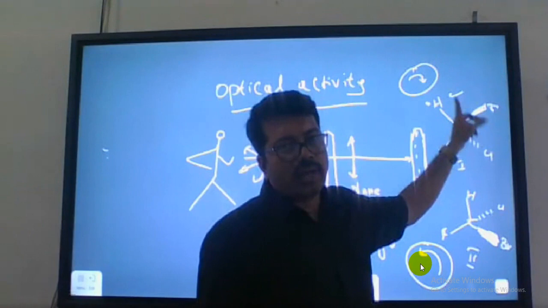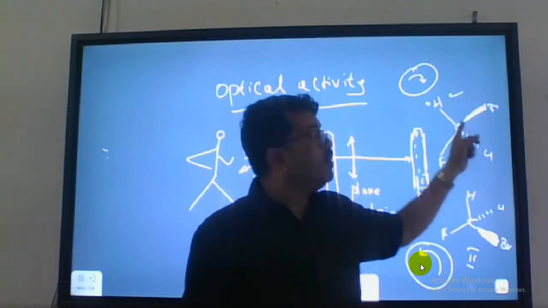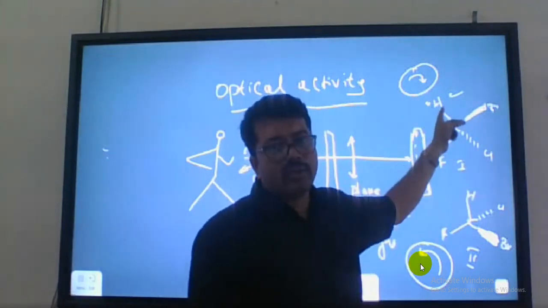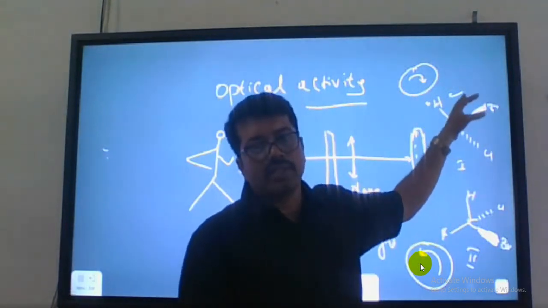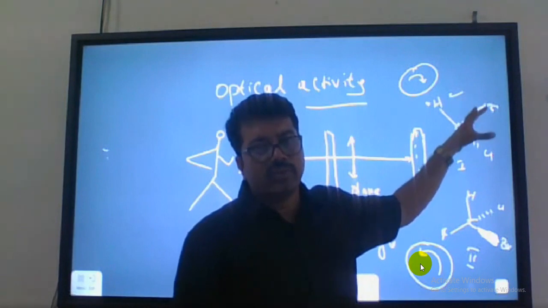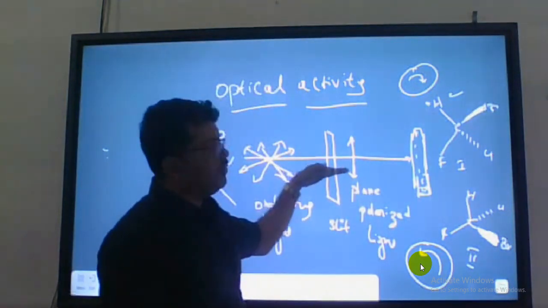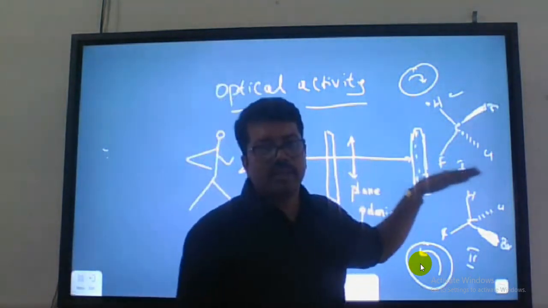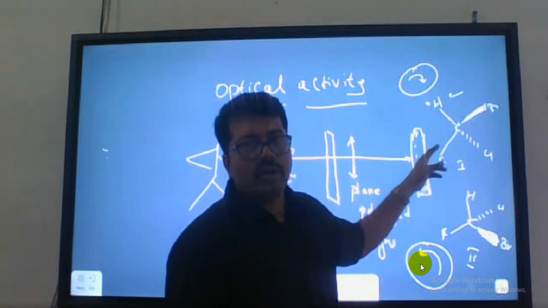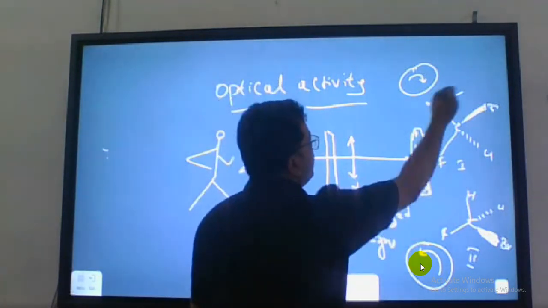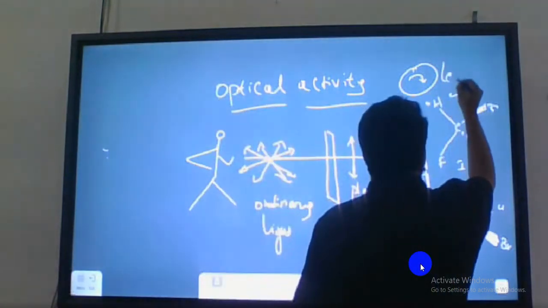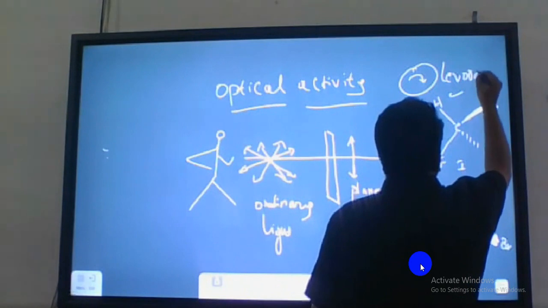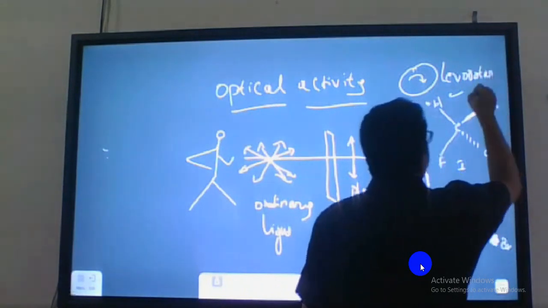But if the plane polarized light is rotated in a counterclockwise direction when viewed through a polarimeter, the optically active compound is called levorotatory.